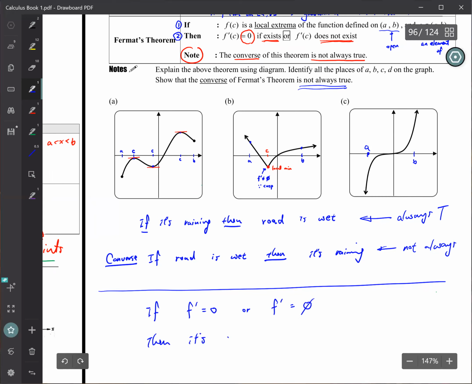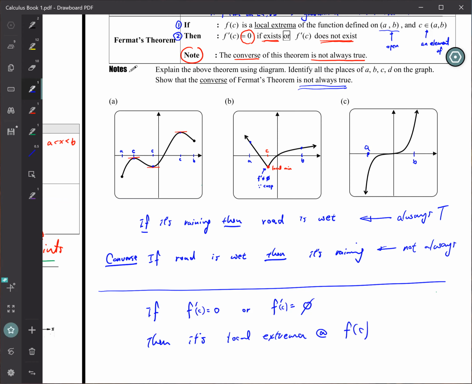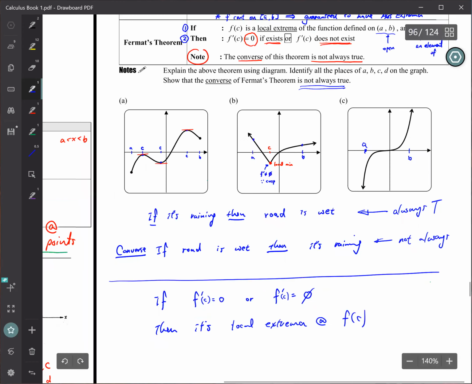Let me write the point as well. If the slope at point C is 0, or if the slope at point C is undefined, if either happens, then it's a local extrema at f of C. So this is sometimes true, sometimes false.